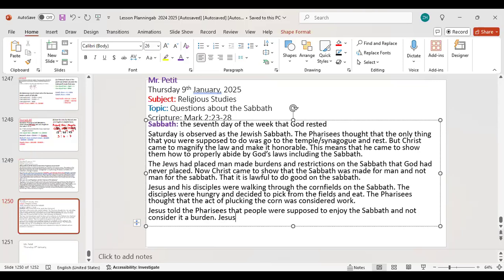Jesus also reminded them of David, who went into the temple and was hungry.